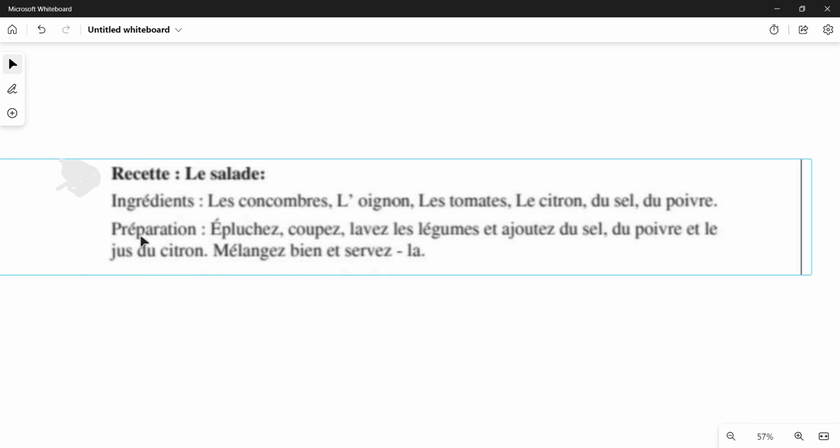Then let's come on to the preparation, that is préparation. Préparation means preparation, that includes éplucher, couper, laver les légumes, et ajouter du sel. See, éplucher means to peel, couper means to cut, laver les légumes means wash the vegetables, and ajouter du sel means pour some salt.